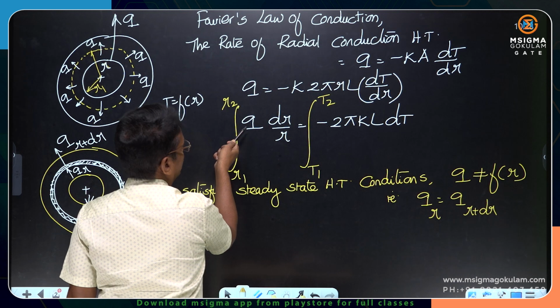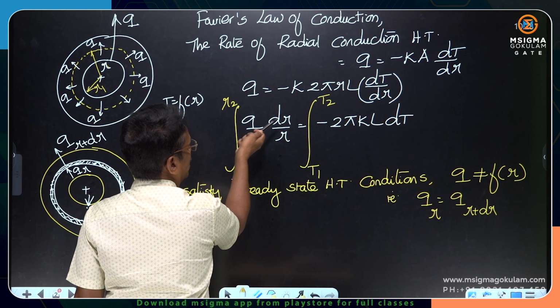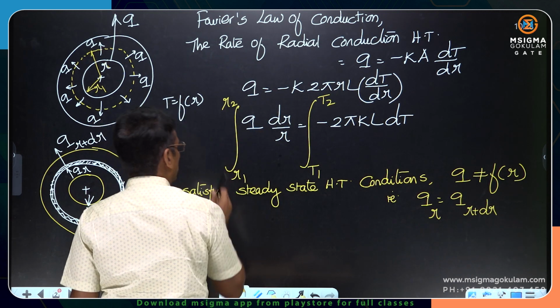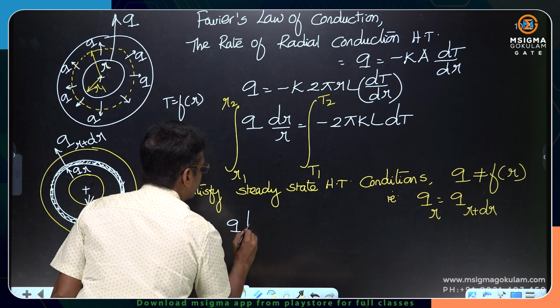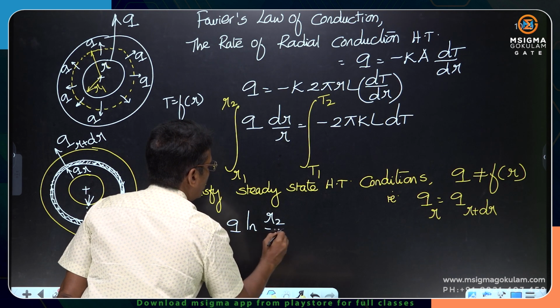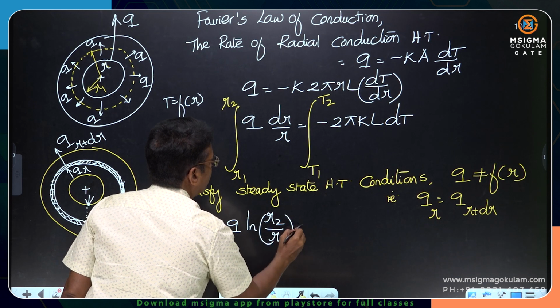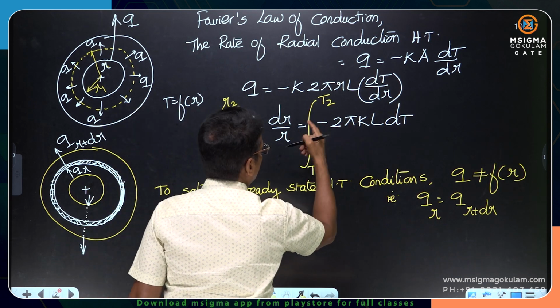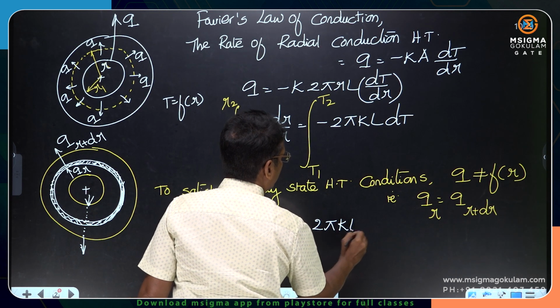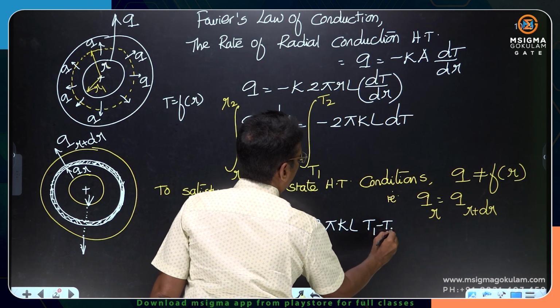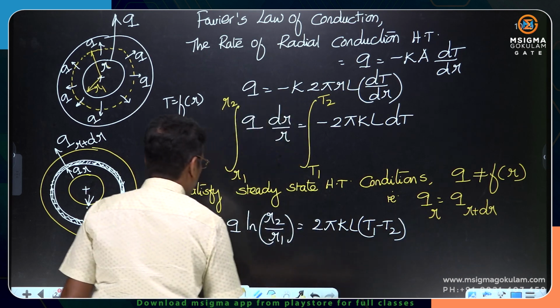Now, we have concluded that Q should not be a function of R. Therefore, it can be taken outside the integral. After integration, by putting the limits, you get Q into ln R2 by R1. This K is anyway a constant. Remove the minus, interchange the limits: 2 pi KL into T1 minus T2.